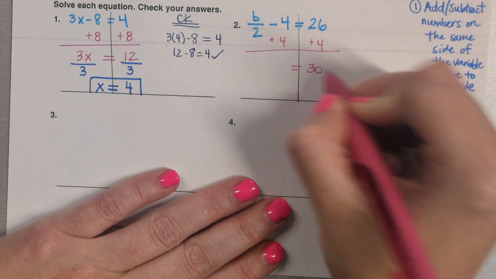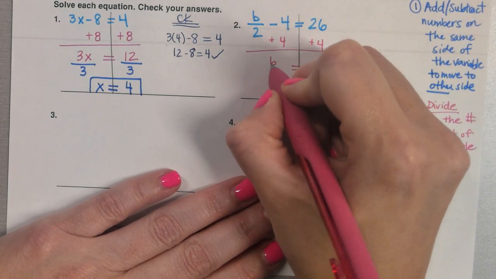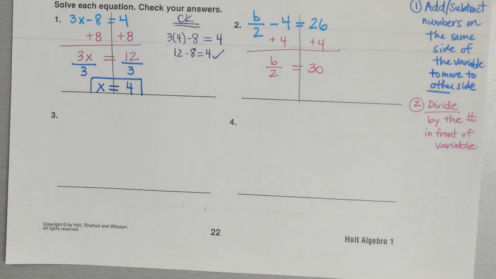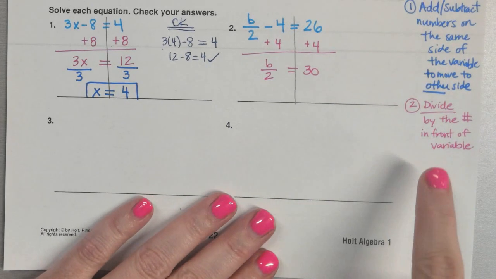Okay. Because sometimes when there's two steps, people see the fraction, and you guys already know from last time how we're going to move that 2 over, right? Multiplication. But you're going to do that second, okay? So the first thing is to add or subtract.